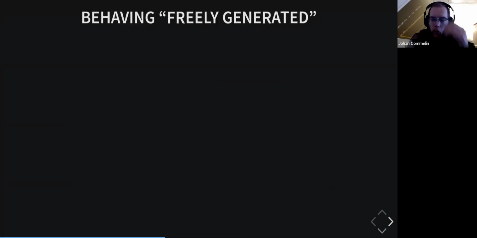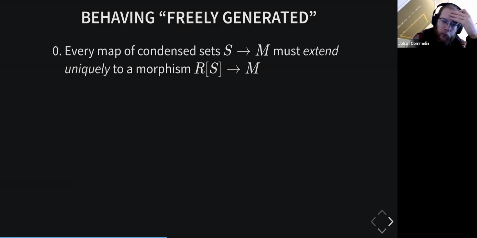So when do objects behave like they're freely generated? Well, certainly whenever you have a map from one of these continuous quotients of the Cantor set S to a module M, then it must extend uniquely to the freely generated object. And so we want this behavior whenever M is complete.